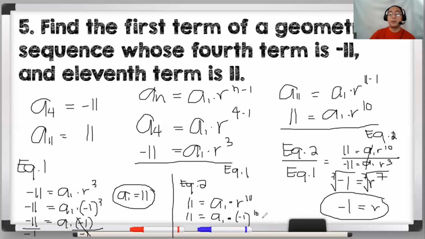Operating that results to positive 1. So 1 times a sub 1 results to a sub 1, and our a sub 1 is equivalent to 11. They are still the same.